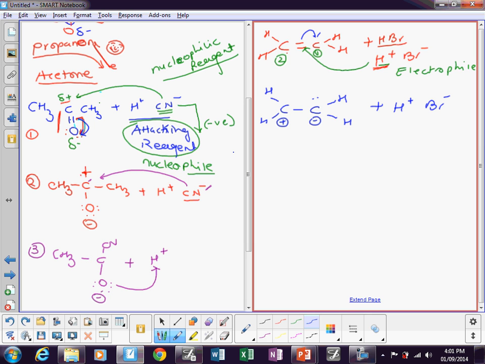Now the attacking reagent will attack; the electron pair will attack H plus, and H plus will get connected over there. Hydrogen has a positive charge and carbon had a negative charge, so it becomes neutral. This one is still positive, and Br minus is left. Now Br minus will attack over here and the complete reaction happens.